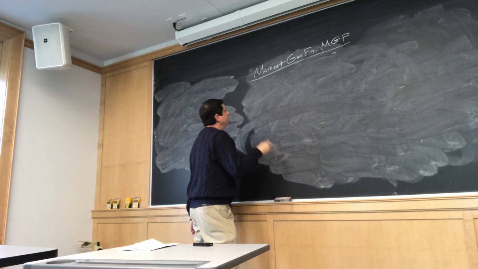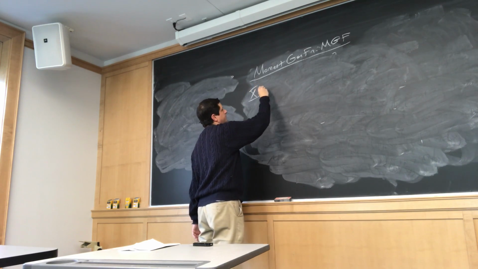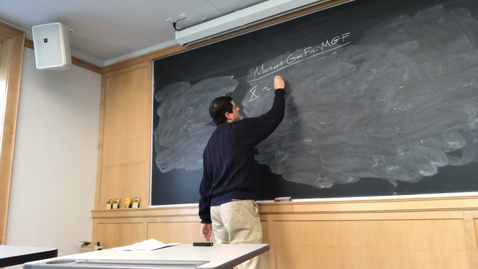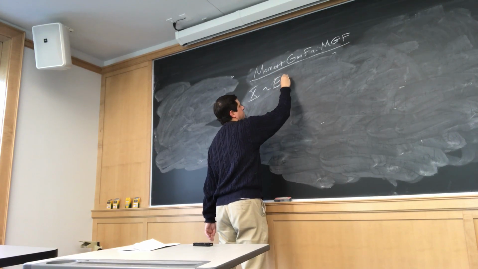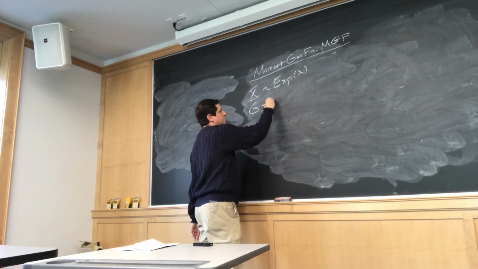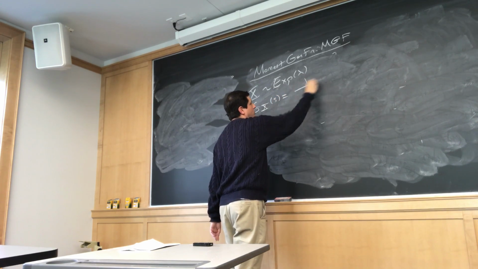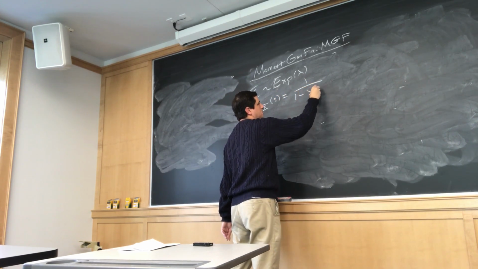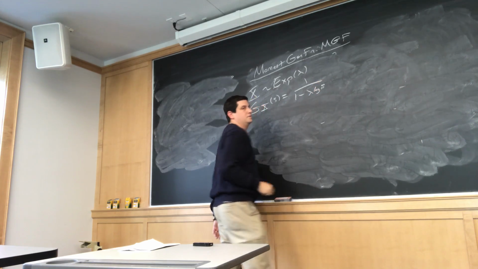Can somebody recall for me, if X was exponential with parameter lambda, then the generating function of X was just 1 over 1 minus lambda log s.